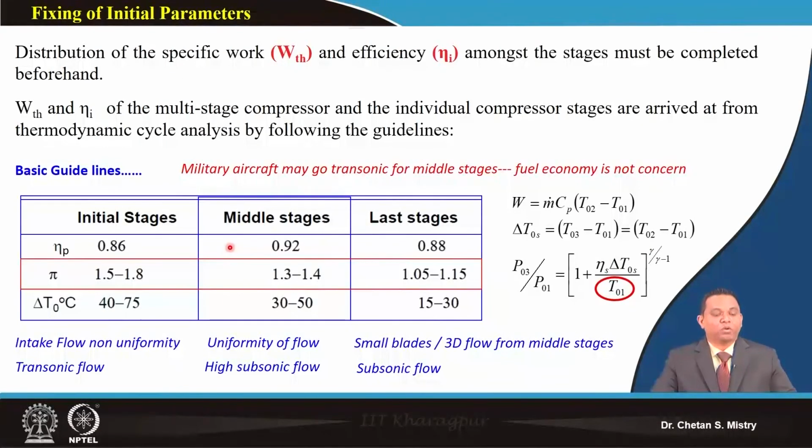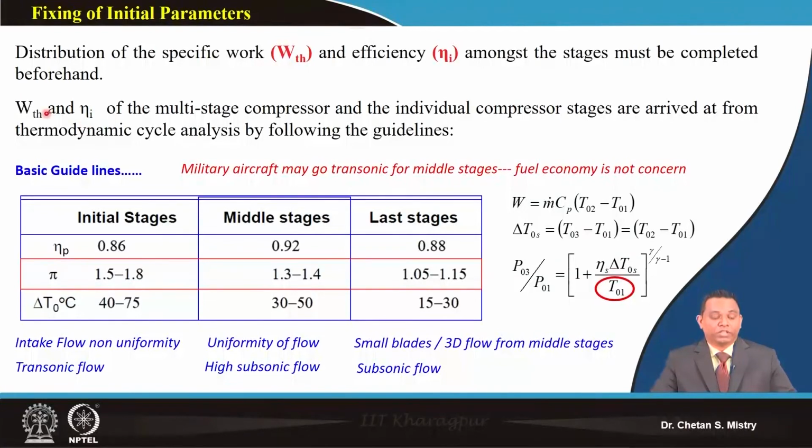Now when we are fixing our initial parameters, two parameters are of great interest. One is the specific work, and the second is the efficiency. So for work done and efficiency of the individual compressor, when we are doing our cycle analysis, we need to make some assumptions in terms of efficiency.